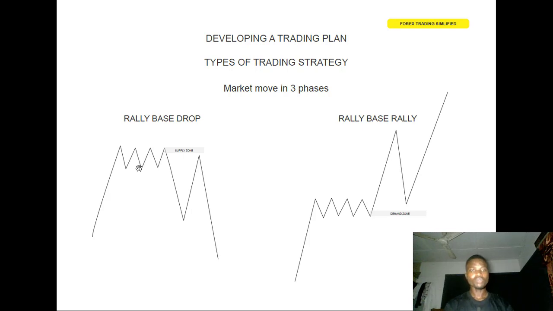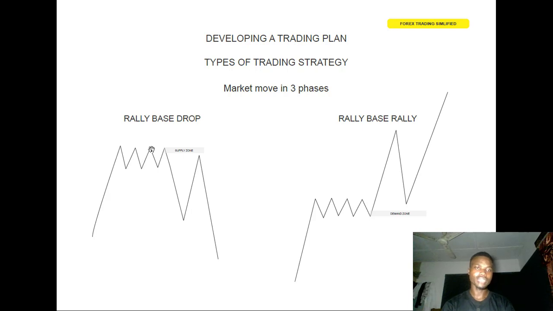All right, so what you want to look out for is your supply area. Looking at your supply area, you see that the market was buying up here, and at some point in time they were unable to continue this movement. So what the buyers are actually trying to do right here is seek more liquidity in the market.